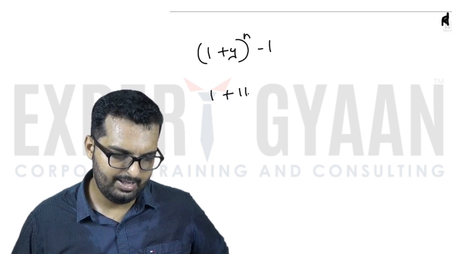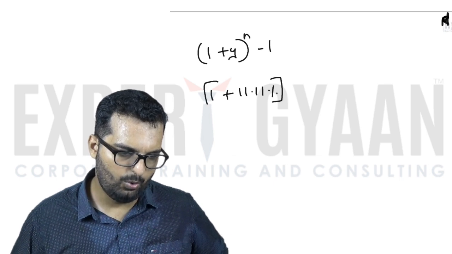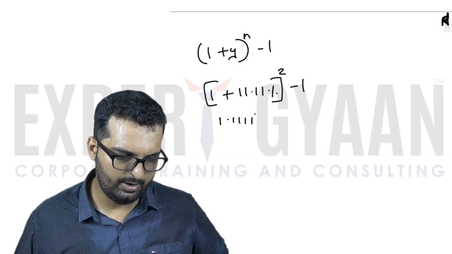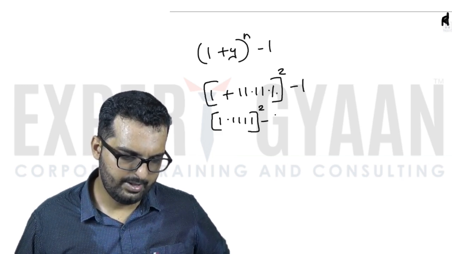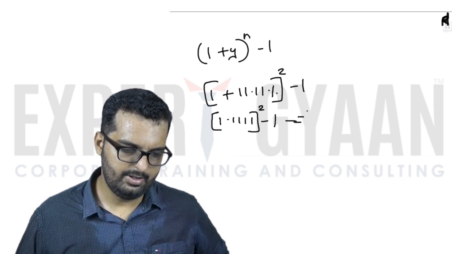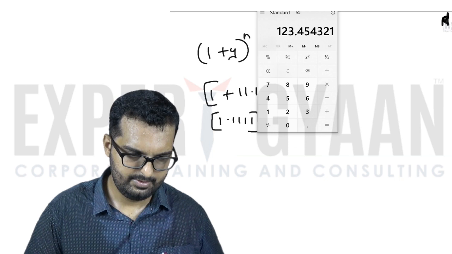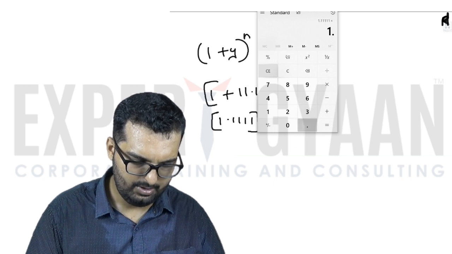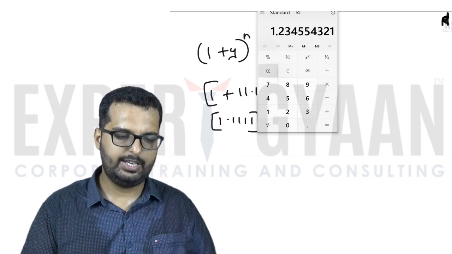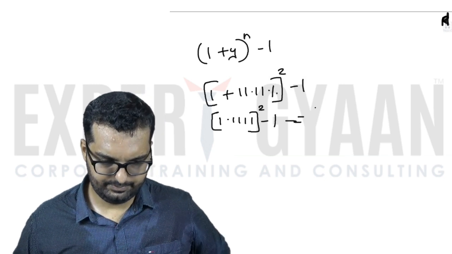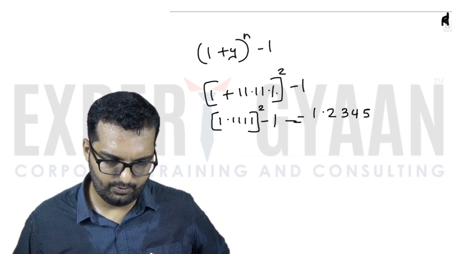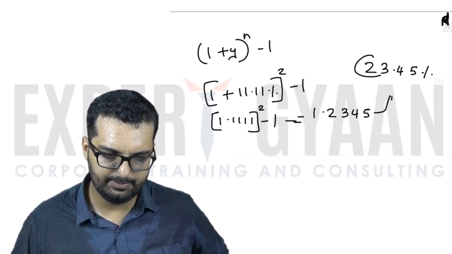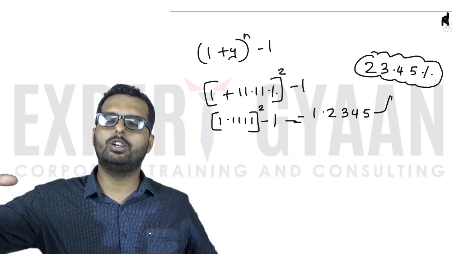Or 1 plus 11.11 percentage, whole raised to n, which will be whole raised to 2, minus 1. In other words, 1.1111 whole square minus 1. Shall we check it together now? Let me take the calculator. 1.1111 into 1.1111. I get the answer as 1.2345, which is nothing but 23.45 percentage. This is the same answer I got earlier using the drawing method also.